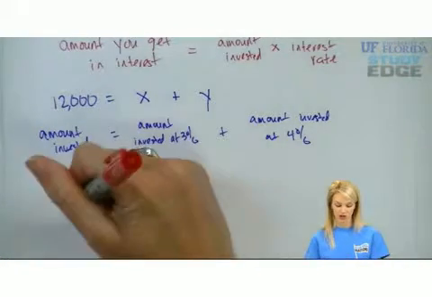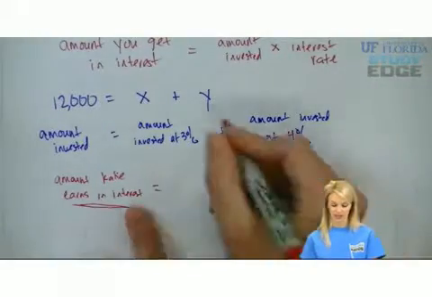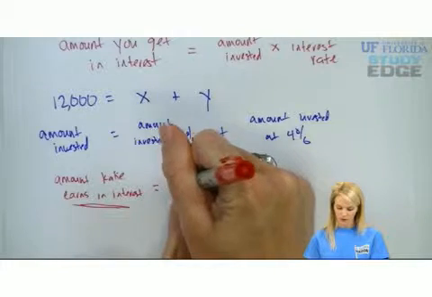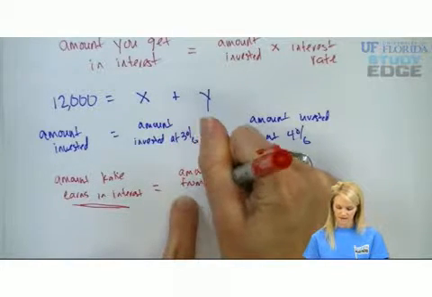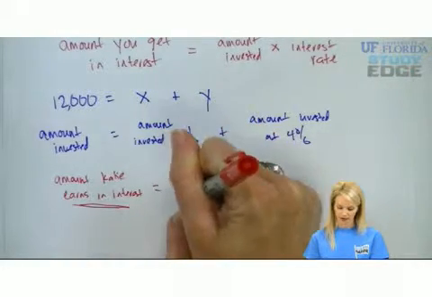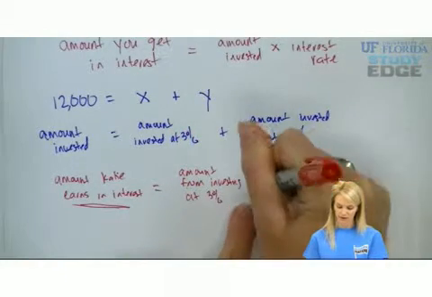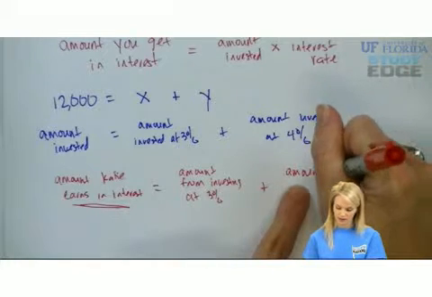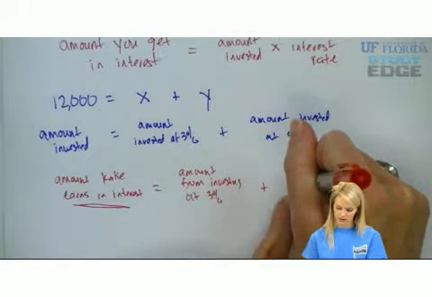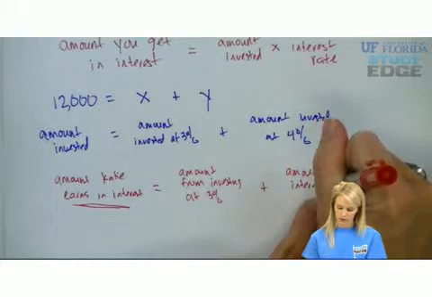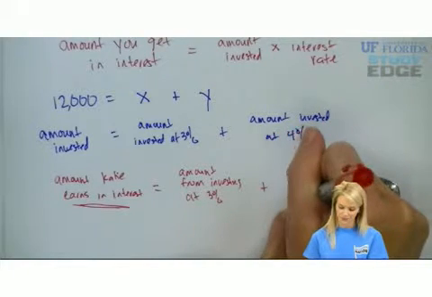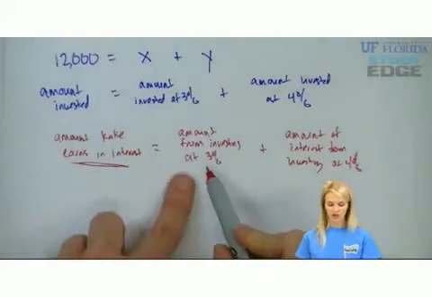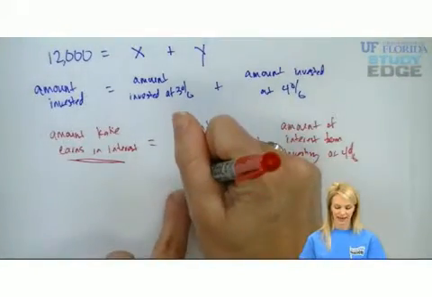So the total amount that she earns in interest is the amount from investing at 3% plus the amount of interest from investing at 4%.